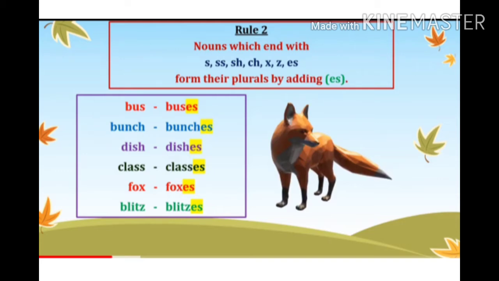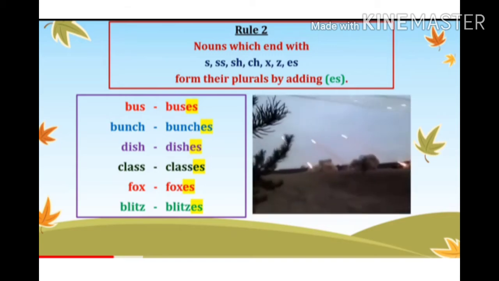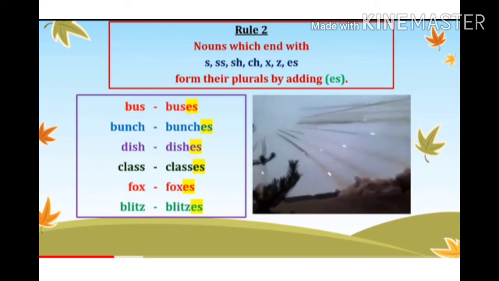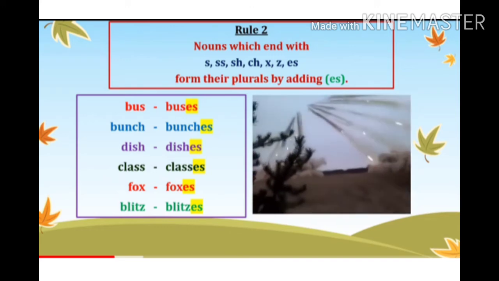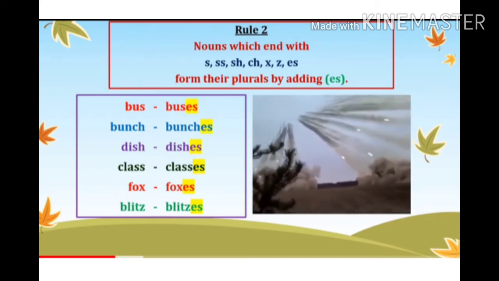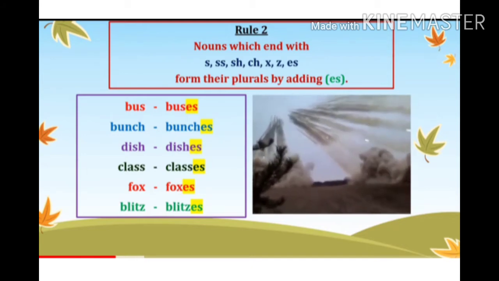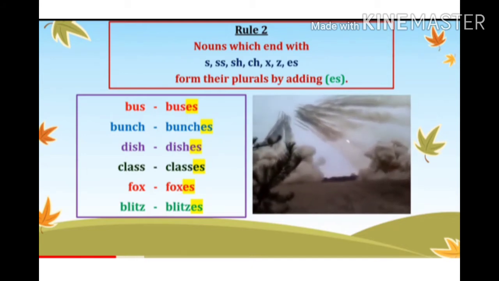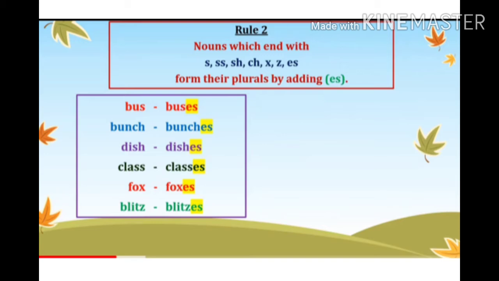So again you will add es to make it foxes. The next one is blitz. This is ending with z. That means again we will add es and the noun will become blitzes. So I hope you all have understood rule number 2. Just add es.